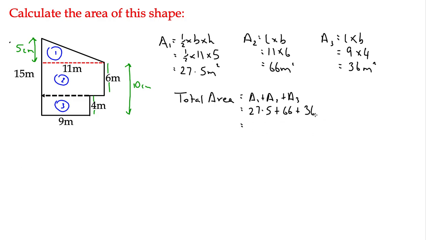Let's see, 66 add 36 is 102, and add 27.5 is 129.5 square meters. Okay, that's good.